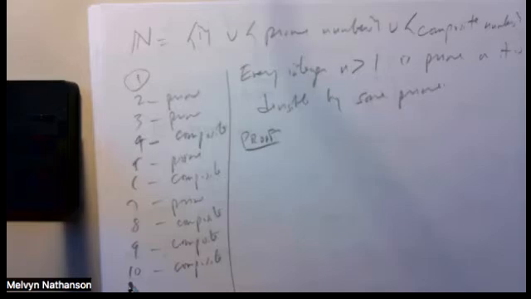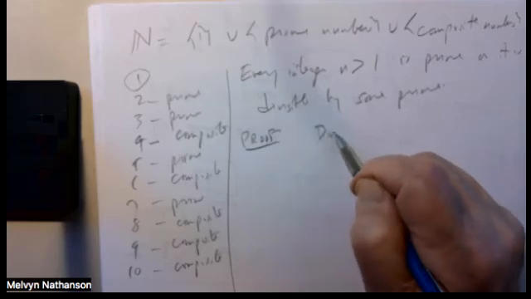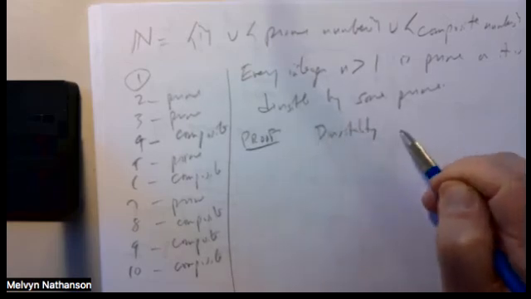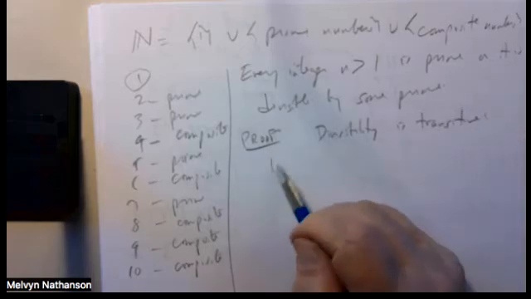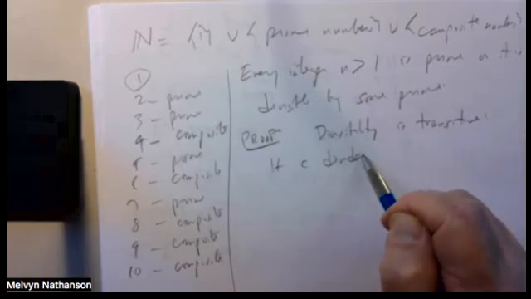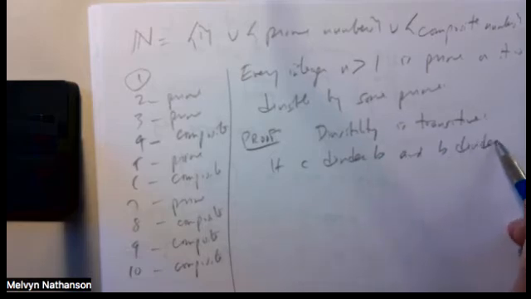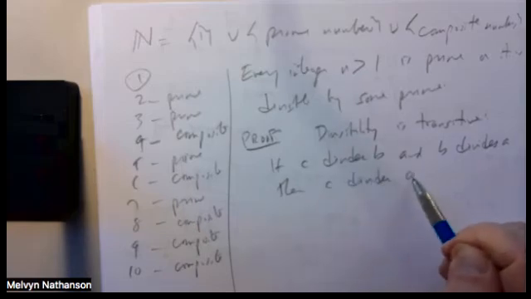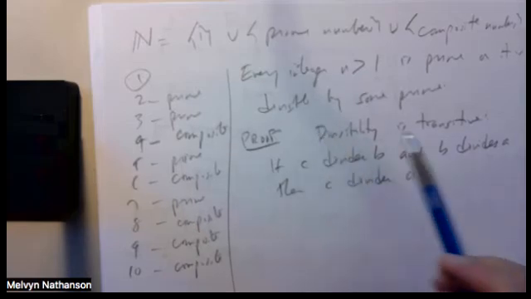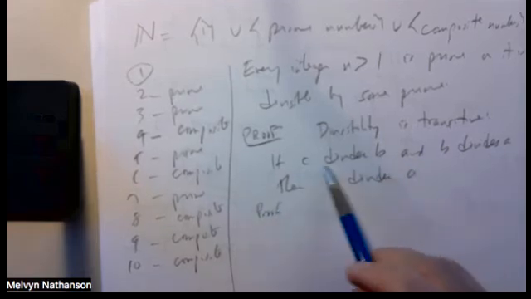And you can prove this in many ways. Here's a proof which is based on the following property: divisibility is transitive. What I mean by that is if c divides b and b divides a, then c divides a. So this is a kind of lemma, a subsidiary fact. How can we prove this?